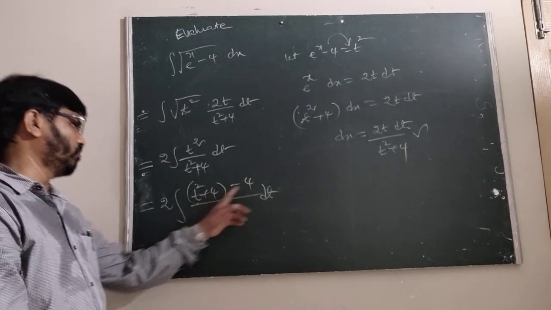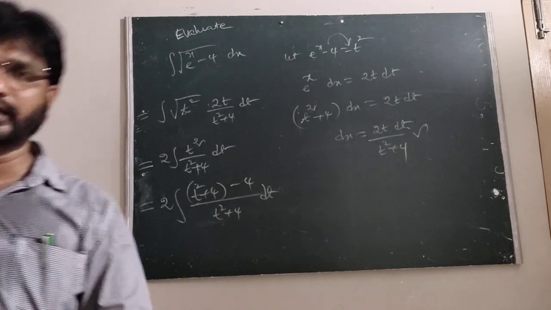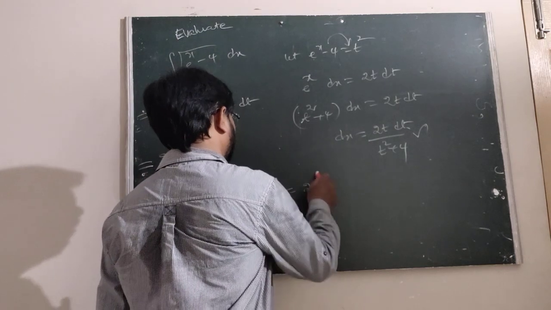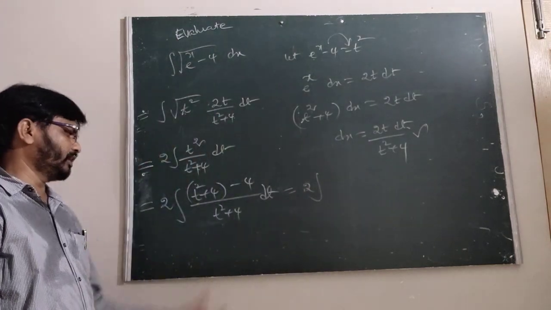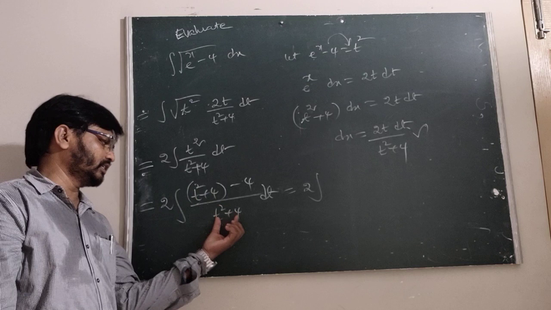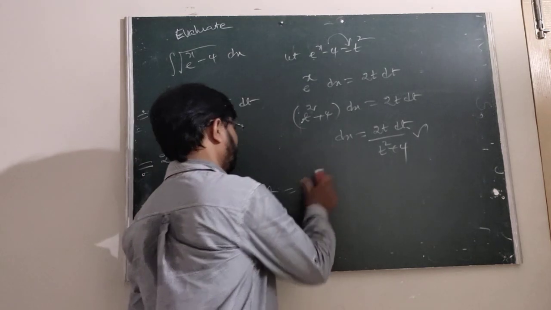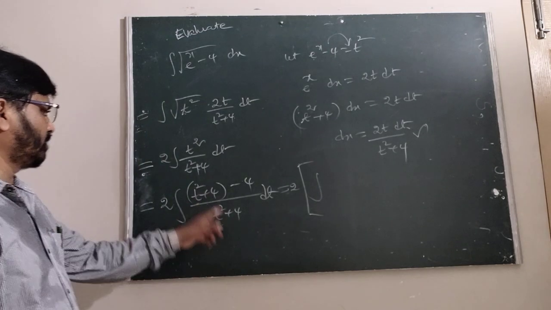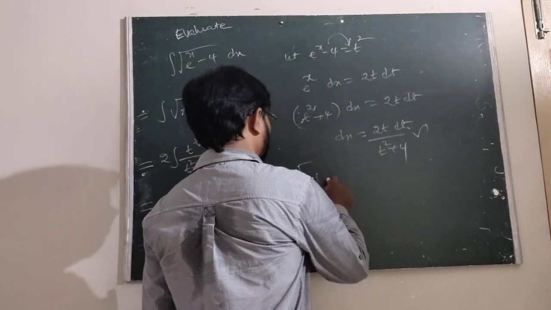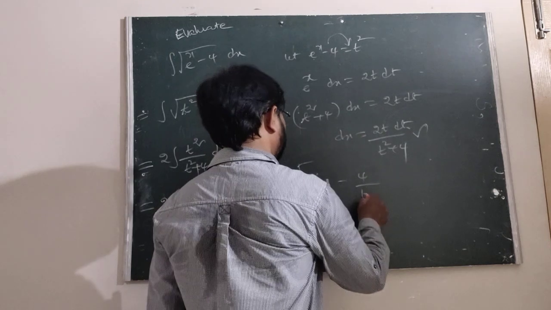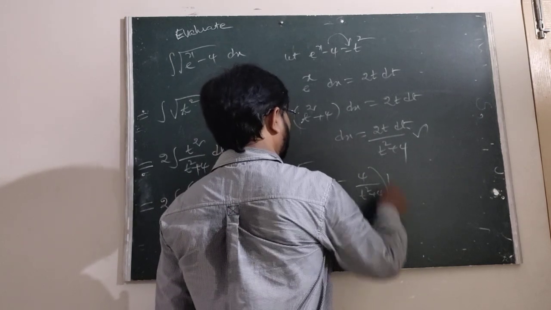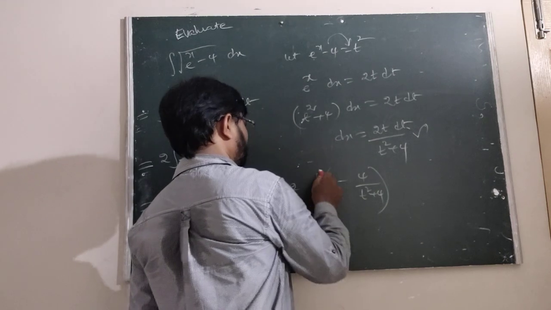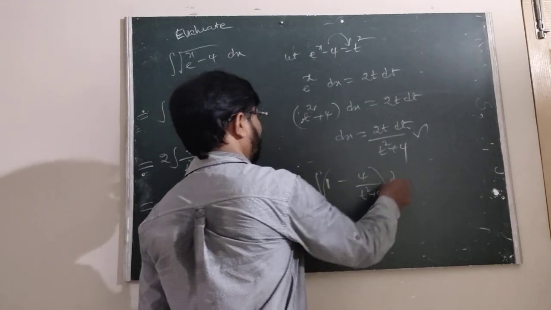After separation we get t square plus 4 by t square plus 4, which is 1, minus 4 by t square plus 4, whole of dt.